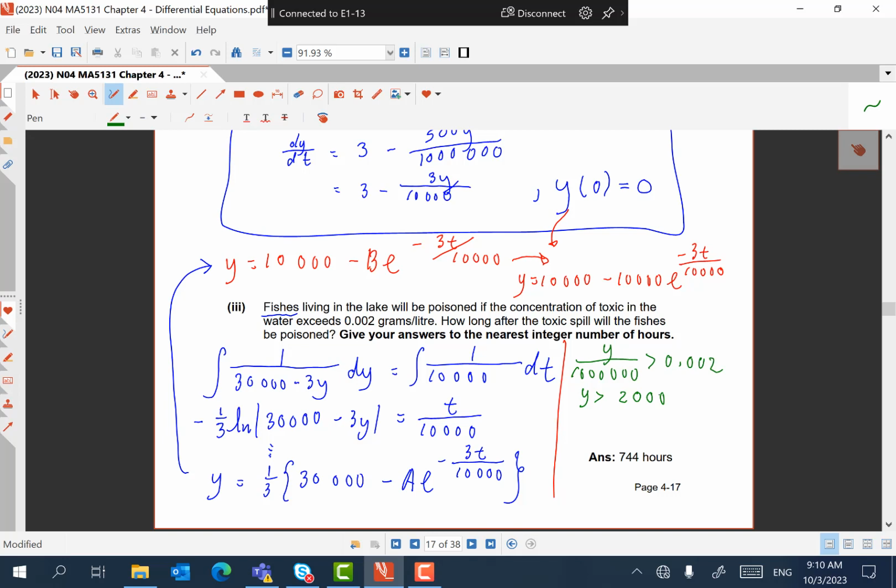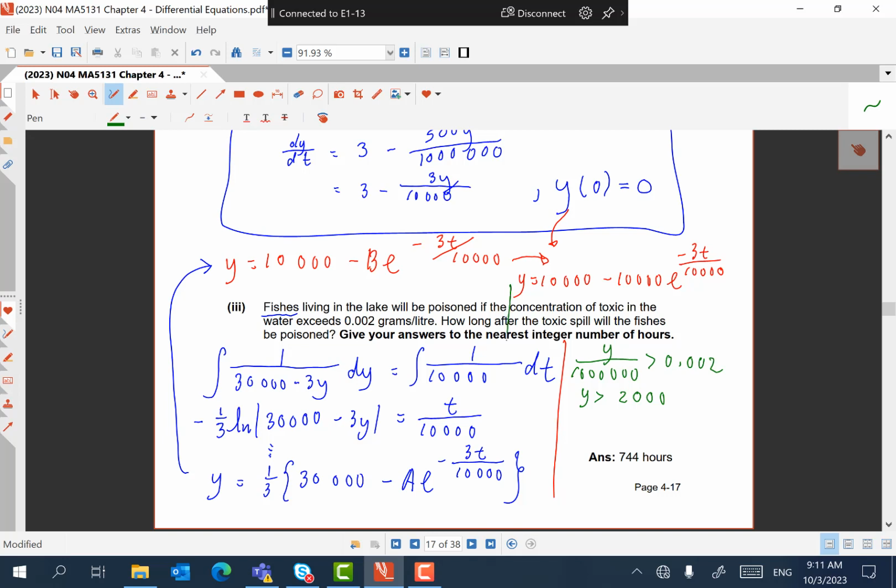So when y is beyond 2000, the fish will be poisoned, which means it doesn't need to be forever, the fish will start to die. As long as the amount of toxic inside the water is more than 2000 grams, the fishes will start to die. And now to solve this inequality, right?